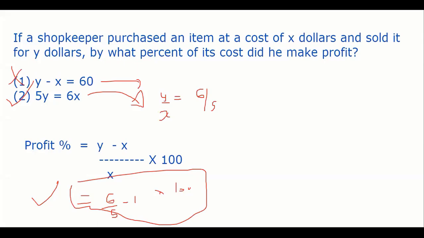Let's try one more. Sir, before y minus 1? Because you split this denominator. It is y by x minus x by x, right? X by x means 1, right? Yes, sir. Okay. That's it.